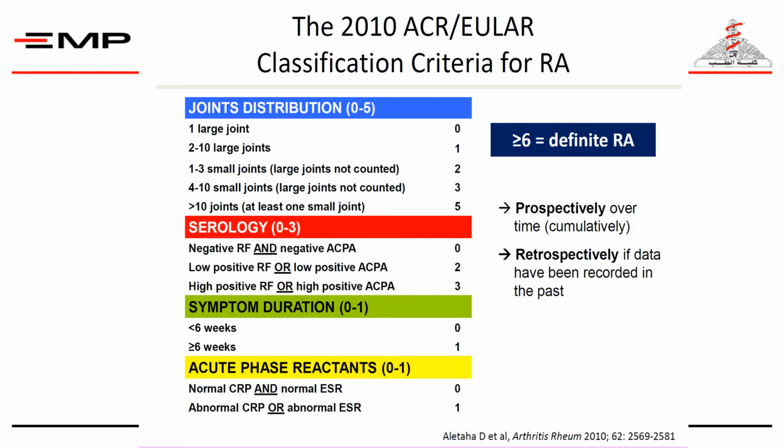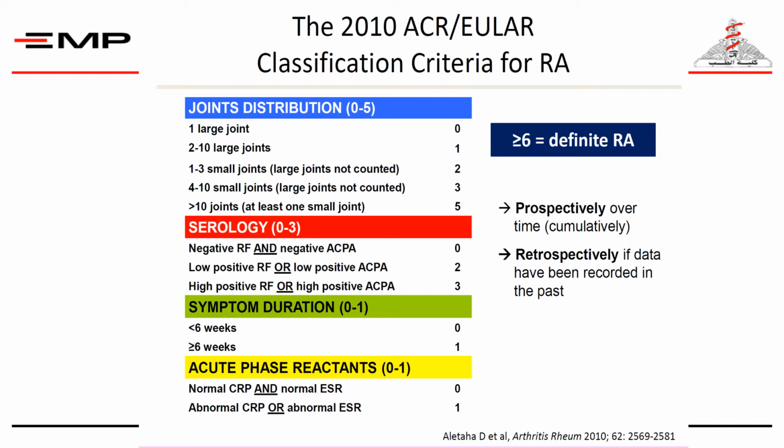The first domain related to the joint distribution. If the patient has one large joint arthritis, he will take 0. If he has from 2 to 10 large joint arthritis, he will take 1 point.